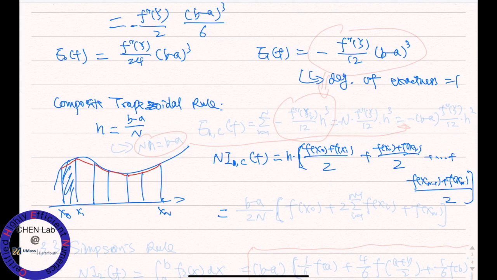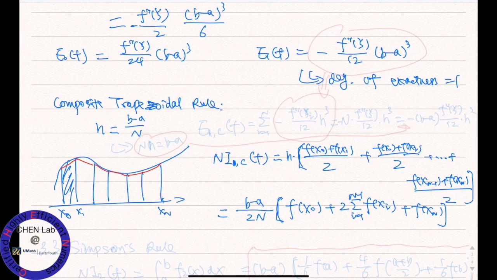So this can be written in a way that's more consistent with what we had above. h is b minus a over n, so if we factor out the 2n, for the evaluation we have f of x0, plus the summation of f xi, where i is from 1 to n minus 1, with the 2 outside, plus f at xn.